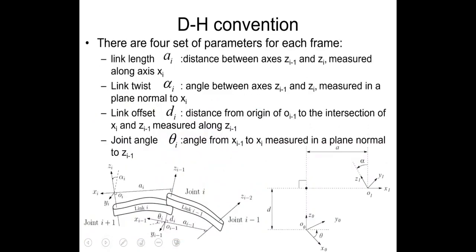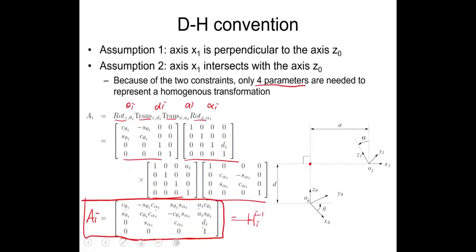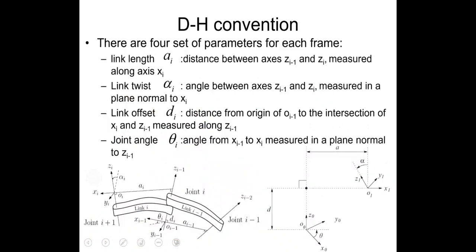So let's go back and talk about what these four parameters are in a robotic manipulator. Once we know the physical definition of these four parameters, then in future robotic analysis we can quickly write them down from the geometry of the robotic arm, and then use the Ai matrix directly.